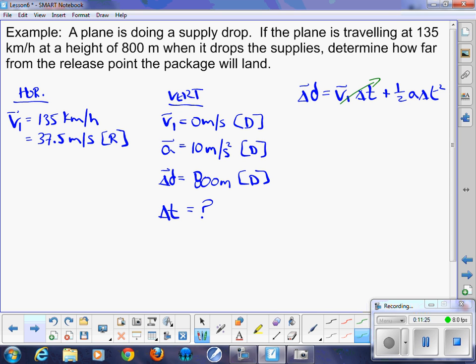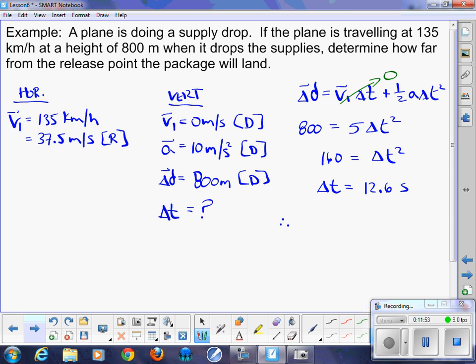V1 is 0. So we'd have 800 equals 5 delta T squared. Dividing both sides by 5, you get 160 equals delta T squared. So time here, square root of 160, call it 12.6 seconds for impact.